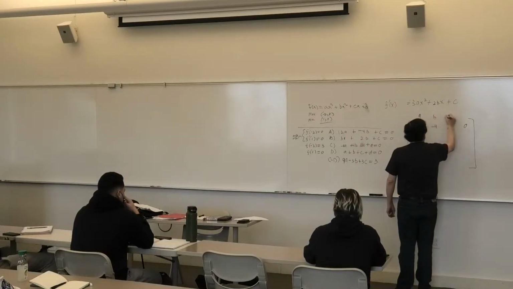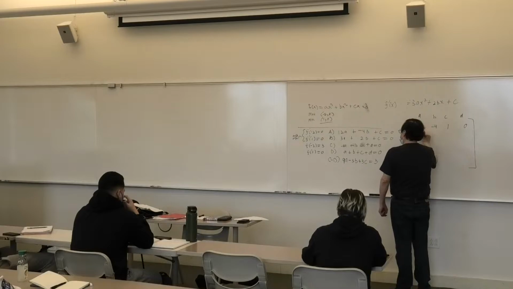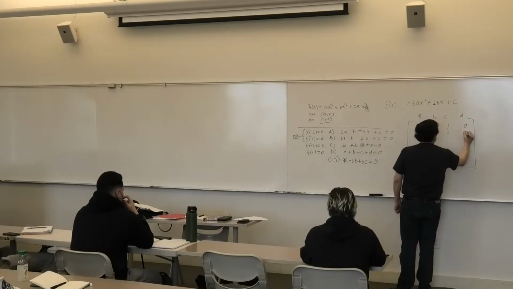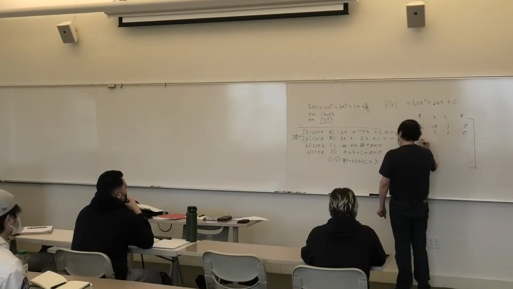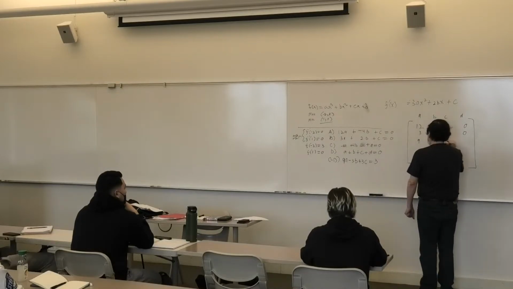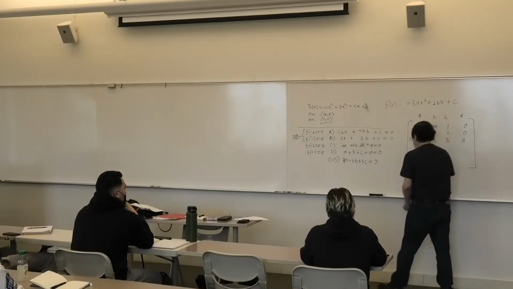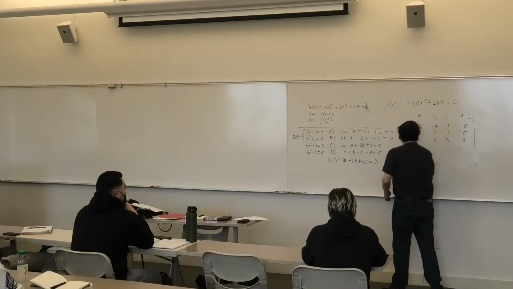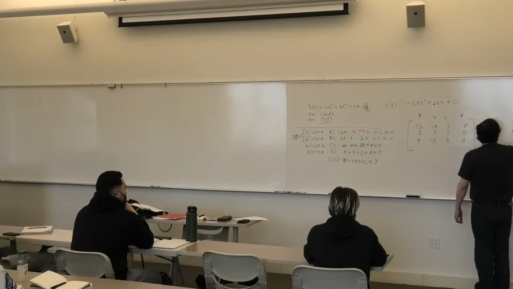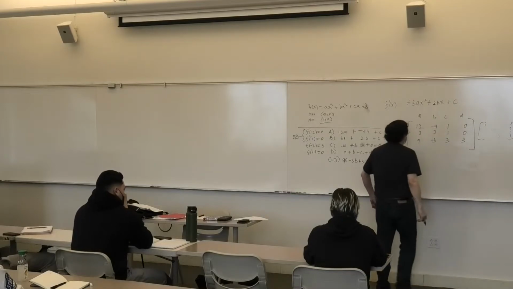This is A, B, C, D. 3, 2, 1, 0. Now we have 9, minus 3, 3, 3. And this is equivalent. What we want is something that looks like this: 1, 1, 1, and then some values here. I guess we'll try that.